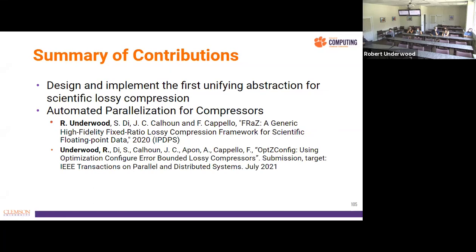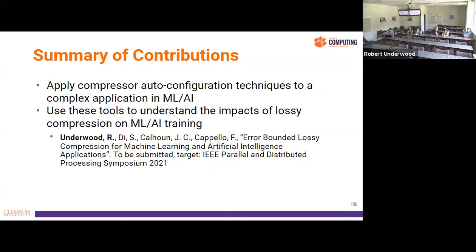For this work, which has the wrong heading, associated with the automated configuration of lossy compression, I have two papers, one published in IPDPS and another in submission to the IEEE Transactions on Parallel and Distributed Systems. And then on the area of applying auto configuration techniques to a complex application in machine learning and artificial intelligence, and using tools to understand the effects of compression on machine learning and artificial intelligence training, I have this paper to be submitted to the IEEE Parallel and Distributed Processing Symposium this year.